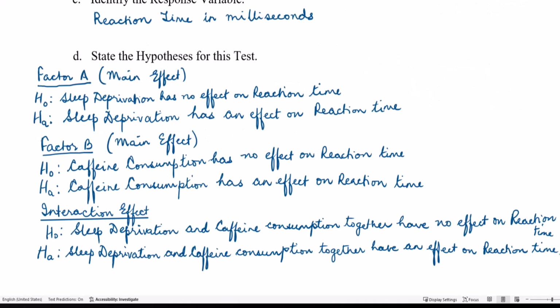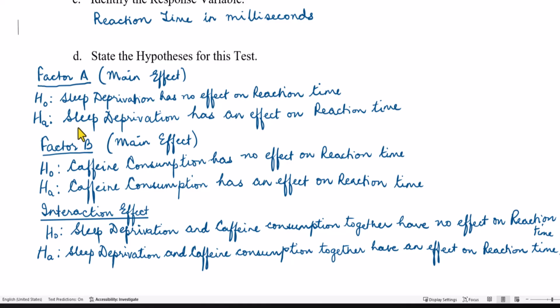All right. So now let's look at the hypothesis statements that I put together. The first one is the main effect hypothesis statement for factor A. The null hypothesis states sleep deprivation has no effect on reaction time.